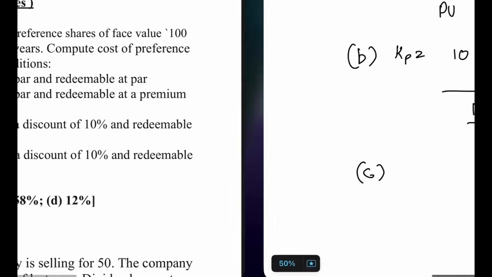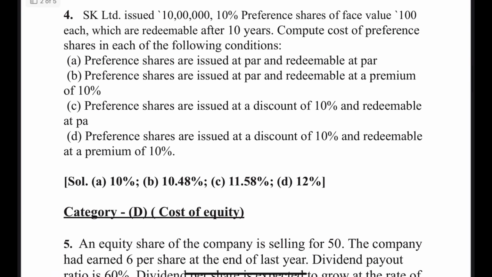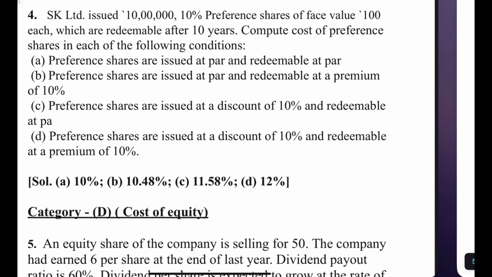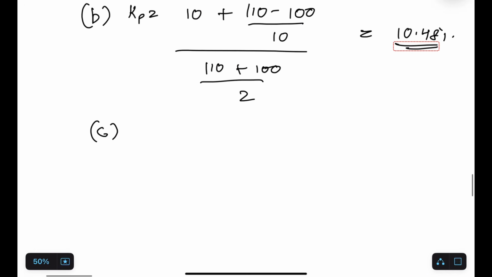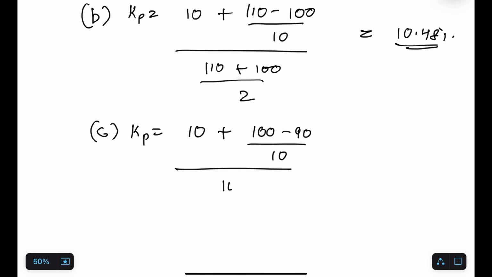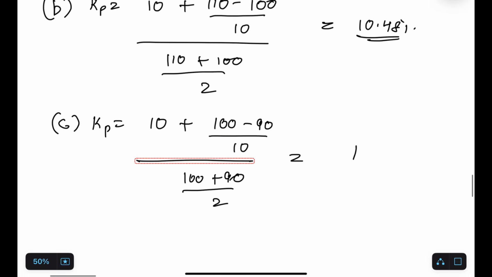In the third case, the preference shares are issued at a discount of 10% and redeemable at par. So here the PV changes, the RV remains 100 rupees only. So here it is 10 rupees, 100 rupees is RV, PV is 90 rupees, divided by 10, and here we would take the average of both. When we calculate this, it approximately comes to 11.58%.